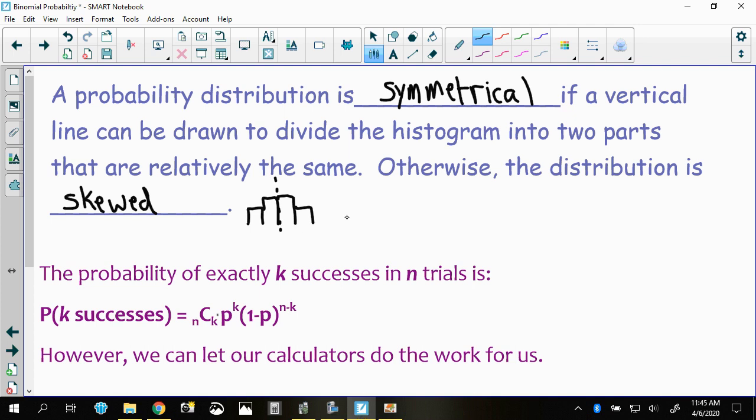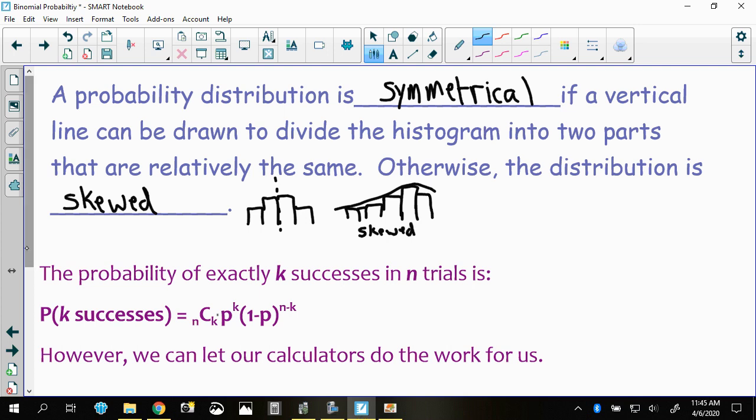That would be symmetric. If you have something like this, then that is going to be skewed. And this actually would be skewed left because the tail is longer to the left than it is to the right. So this would be a skewed situation.